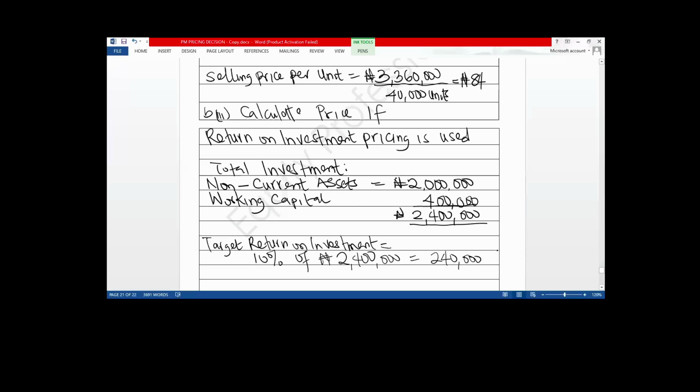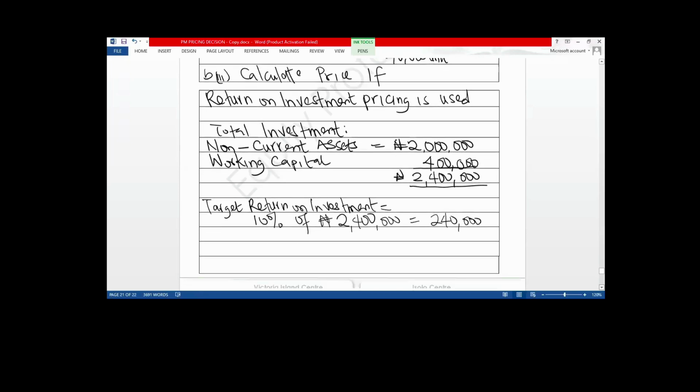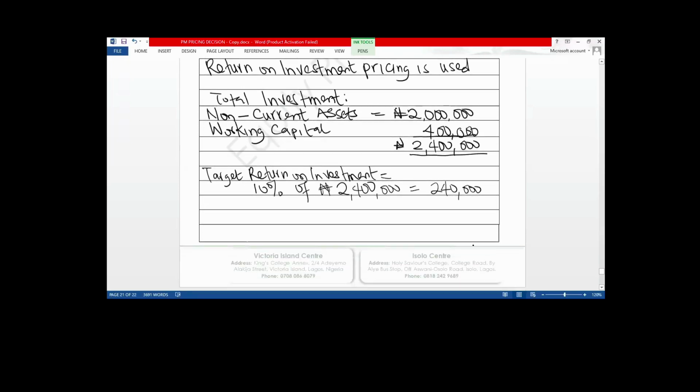Now go ahead. If you remember when we explained, we said the target return will be added to the total cost. Good enough, we have calculated total cost. Our total variable cost as computed above is 2.4 million.